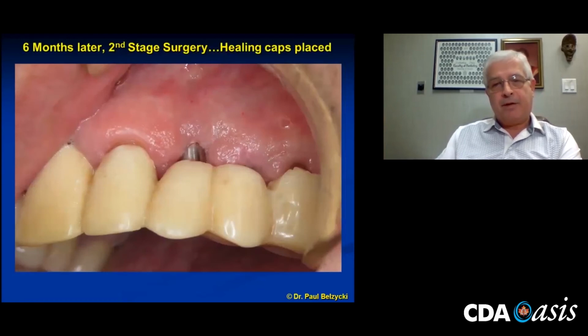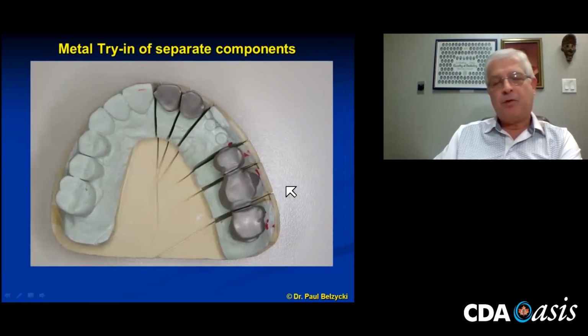6 months later, his second stage surgery. Again, I could cut the underbelly away. These are the original provisionals he's had in for some months. Just knock those off and reconfigure them to accommodate the transmucosal abutment.